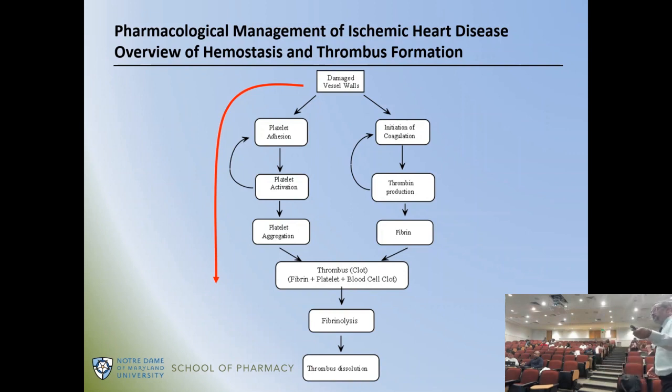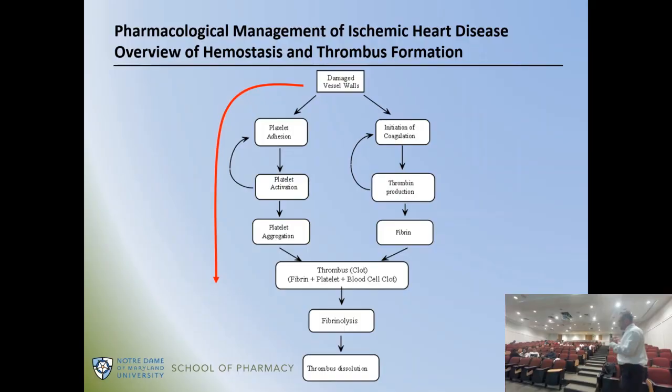That can kick off a series of events that involve your platelets, that allow for the formation of an initial plug that will plug up the rupture in the blood vessel. And I like to think of this as the 3 A's of hemostasis that involves your platelets.